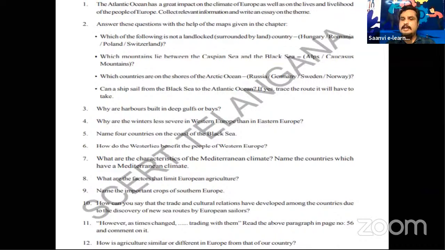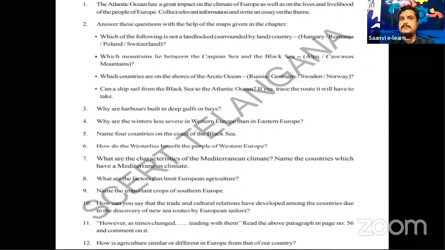Next, why are harbors built in deep gulfs or bays? You know two terms, what is a gulf and a bay? It is a deeper part. What is the meaning of harbor? A shipping yard, we can say, where the ship parks. So why these gulfs or bays? Four sides covered by land and one side water, especially seawater or ocean water. Generally we call them gulfs or bays.